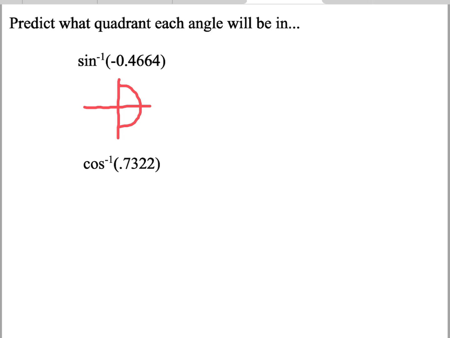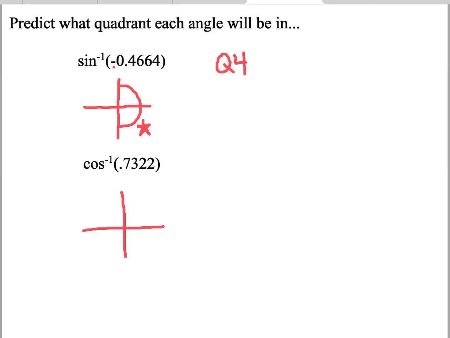And if sine winds up negative, right, do you see that negative on there? That means we must be in quadrant, did you say quadrant 4? Yes. Now, if you were to type that into your calculator, inverse sine of -0.4664, you should get a quadrant 4 type angle. Your calculator knows all about these restrictions.